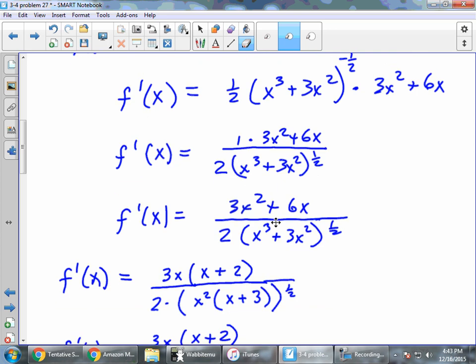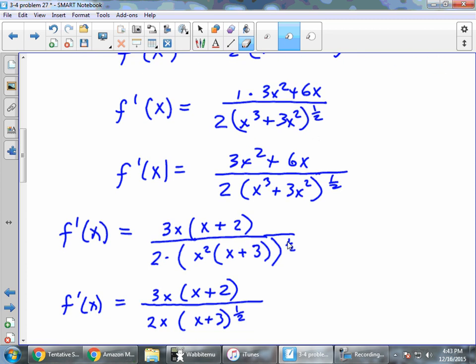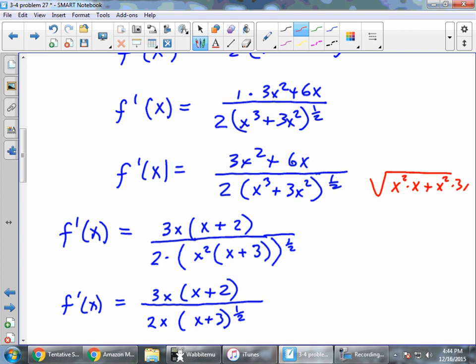At this point, I notice an x squared, an x. We can get an x out of that, we can get an x out of that. So we can simplify this a little bit, probably make our lives easier. And again, this right here is x squared times x plus x squared times 3x.